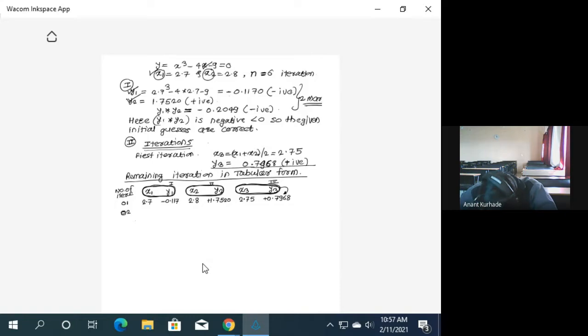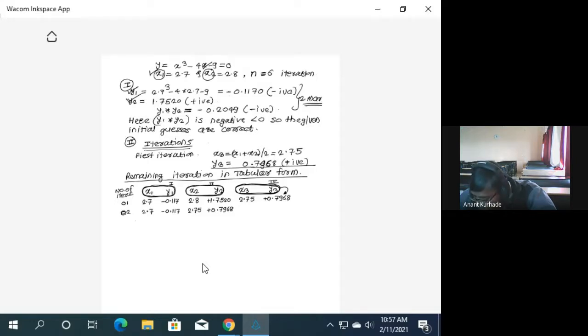So for the next iteration, replace plus with plus. For the second iteration we write x3 y3 in place of x2 y2: 2.75 and plus 0.7968, and x1 we write as it is, 2.7 and minus 0.117.